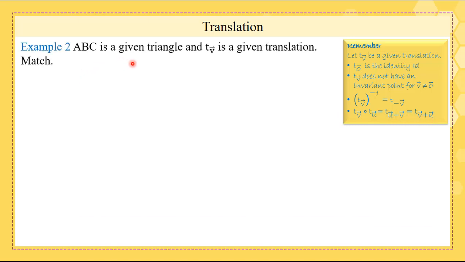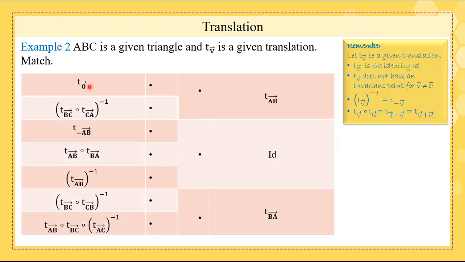Example 2. ABC is a given triangle and T_v vector is a given translation. Match. Now, translation by zero vector is the identity according to the first remark. Now, the second one, let us analyze between brackets. Here we have translation by vector BC around the translation by vector CA.